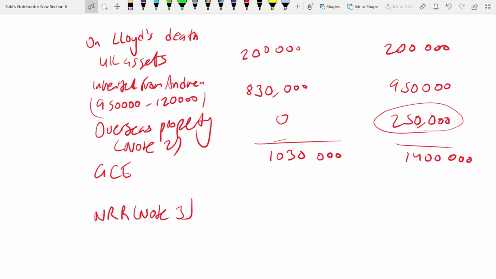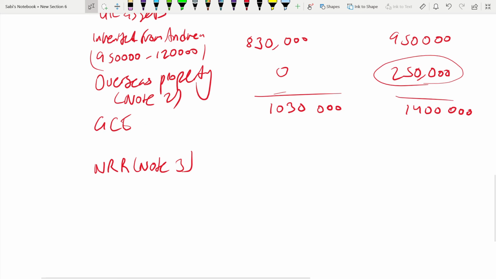Now, the nil rate band is 325,000. No gift was made, so the full 325,000 can be used. Remember, here you can't transfer because she was non-UK domicile. No election was made here. That's why 325,000 in the first case. So taxable estate is 705,000.